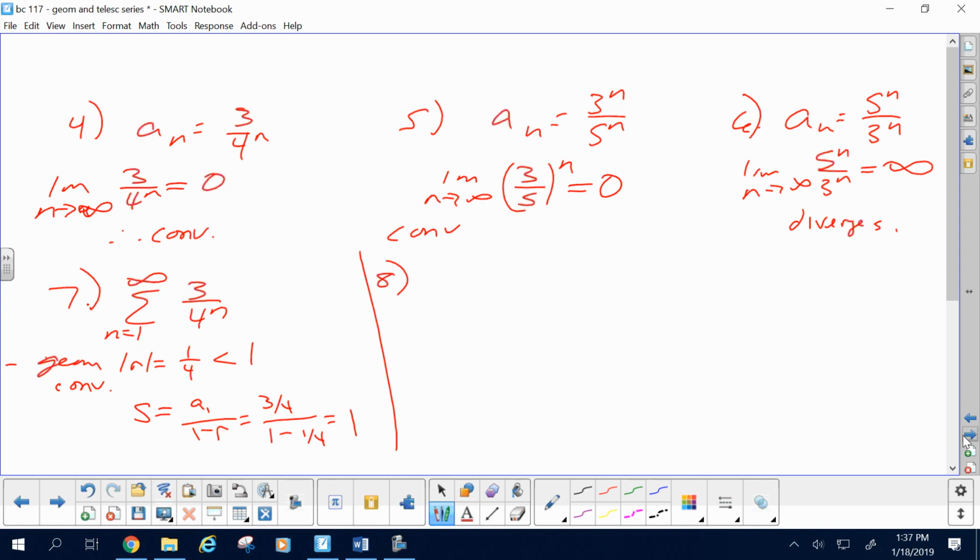How about doing that one on your own? It's 3 to the n over 5 to the n. The question again is, does it converge or diverge, and why? And if it converges, find the sum. If it diverges, you don't find the sum. That's ridiculous. It doesn't have a sum.